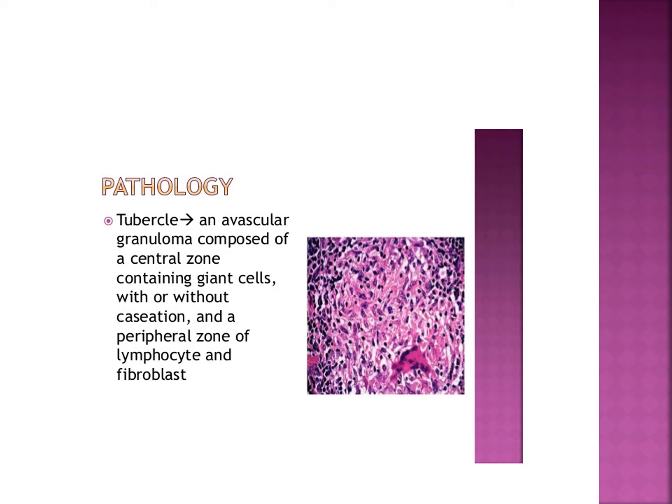So caseating granulomas are one of the characteristic lesions in histopathology if we are diagnosing cutaneous tuberculosis, and it is surrounded by lymphocytes and fibroblasts, as you can see in the picture.